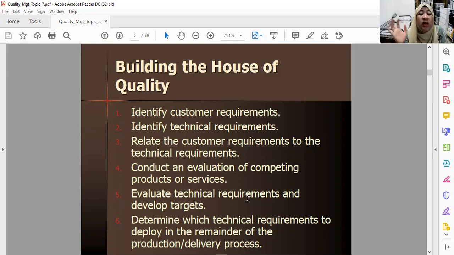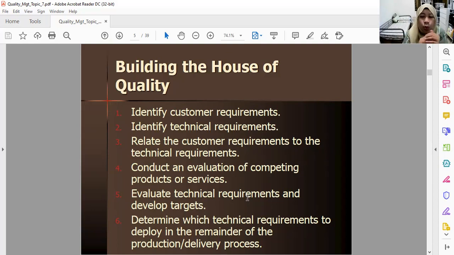And then evaluate the technical requirements and develop targets. When we're talking about evaluating the technical requirement, we have to go into what is the best technical requirement that we need in order to develop this, and of course the target customer as well.